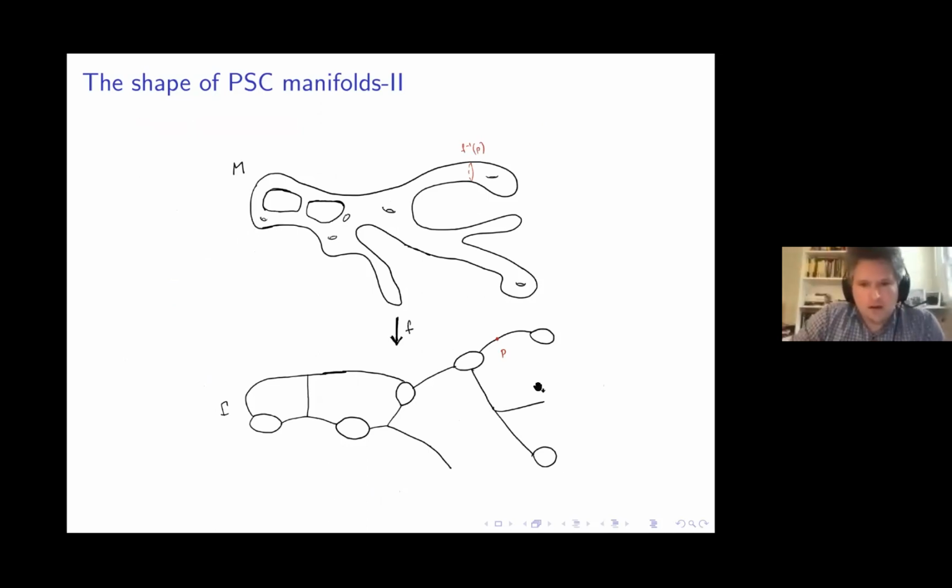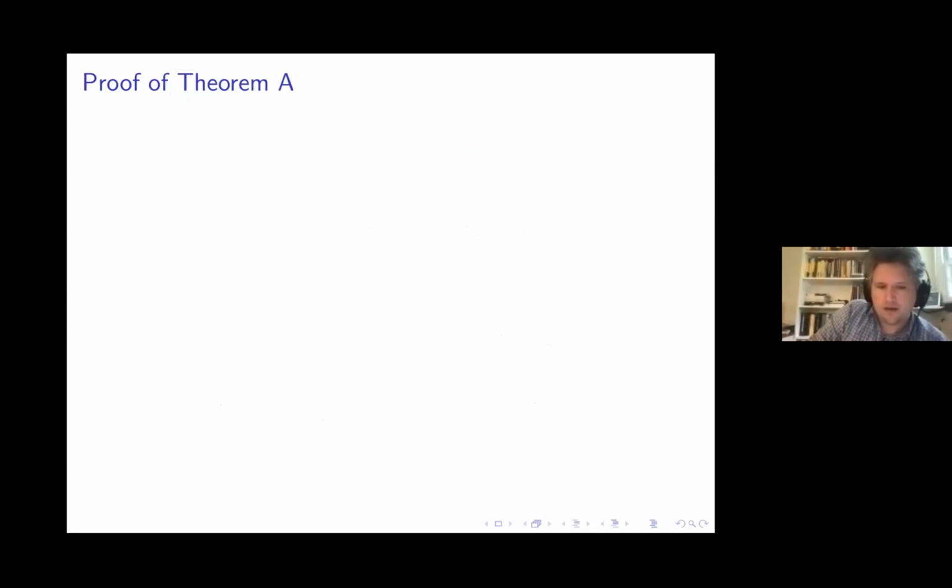Now let me focus for the rest of the talk on the proof of theorem A. I want to tell you the strategy, what we had to do to accomplish that, and theorem B basically follows from theorem A. So let's forget about the Morse function for now, and stick to this map from the manifold to a graph gamma. The proof will be done in several steps.